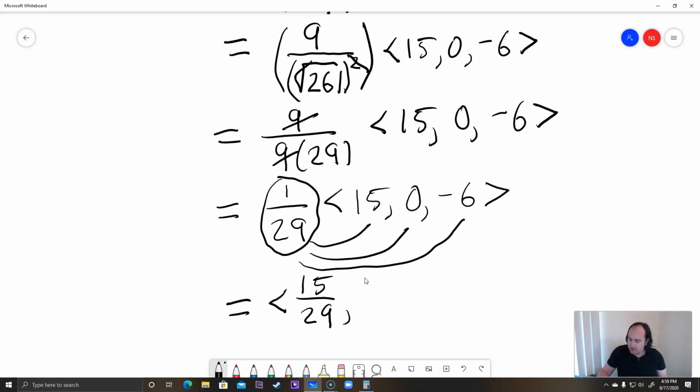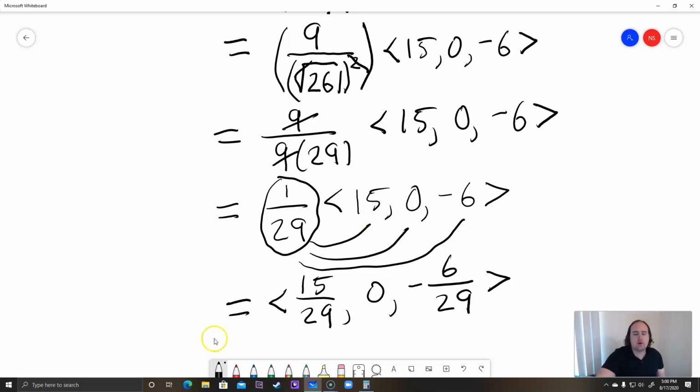For the second component, we're going to have 0. And for the third component, we're going to have negative 6 over 29. And remember, 29, I believe, is a prime number. It certainly doesn't show up in your times table, so there are no common factors here.